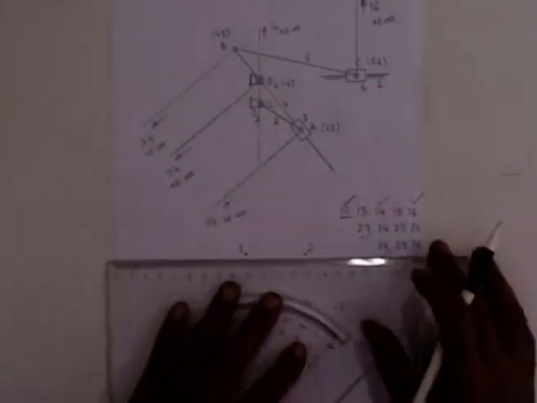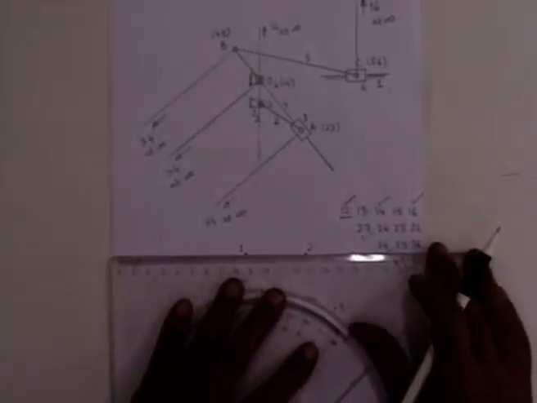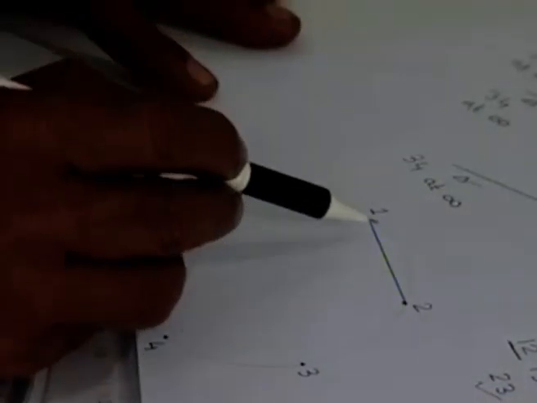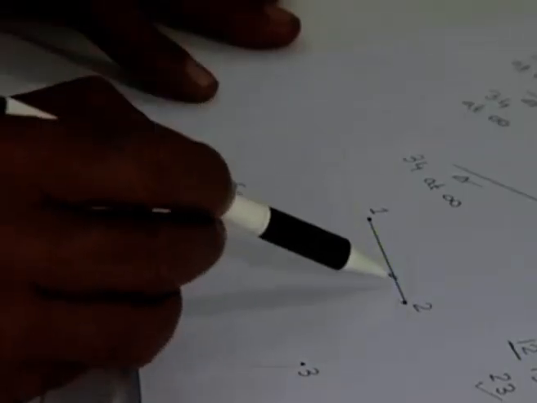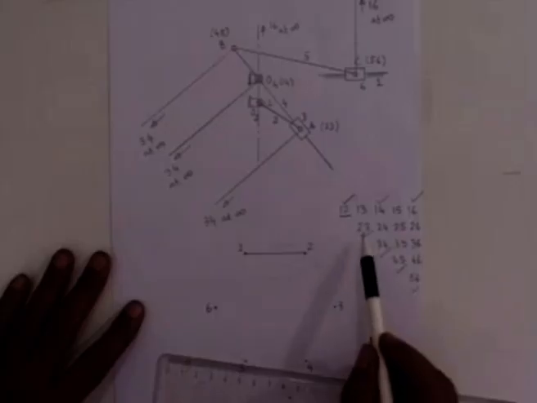And if this relative instantaneous center 1, 2 has already been determined, then I join 1 and 2 by a straight line. This line represents the relative instantaneous center 1, 2. And if the line has been drawn, that means this has already been located. So let us draw all these 7 relative instantaneous centers that we have already determined. We have determined 1, 4, so I join 1 and 4.